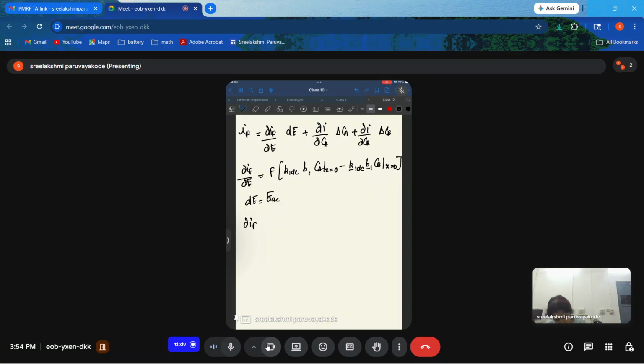Same way, dou IF by dou CA is equal to K1 into F. So dou IF by dou CB equal to minus K minus 1 into F. Now we have to find del CA and del CB.